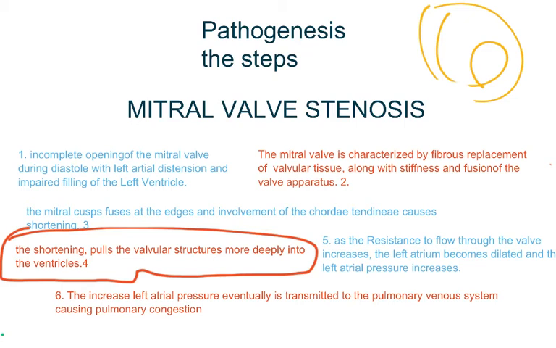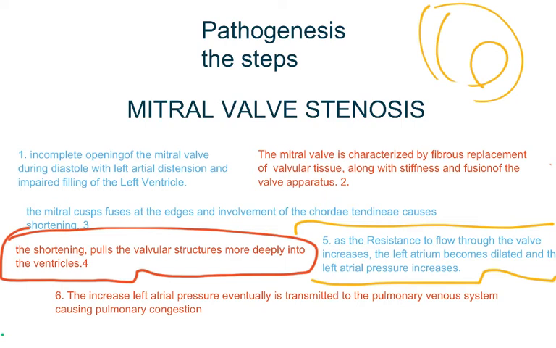So now there's pulling, and it's not contracting properly. And then in step number 5, as this is occurring, resistance to flow through the valve increases, and the atria becomes dilated, and the left atrial pressure increases. That is a big issue. That is a problem.